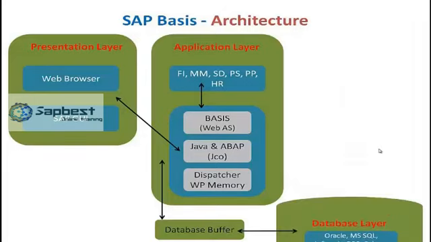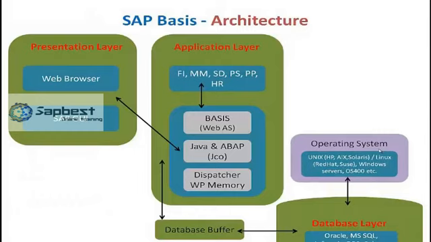Otherwise, it has to come from the database layer, that is the database server, which can be in the application server itself, or it can be a separate server. I can use Oracle, MS SQL, or any other popular database in this layer.